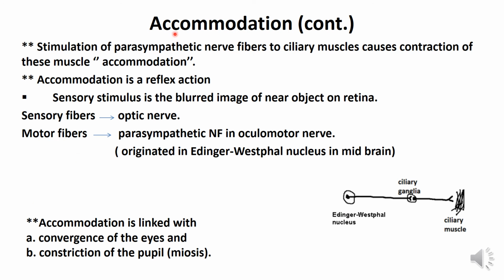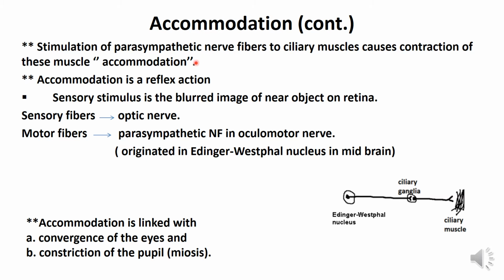Accommodation is an active process, and this process is accomplished through contraction of the ciliary muscle. Ciliary muscle contraction is done through stimulation of parasympathetic nerve fibers to the ciliary muscle. Accommodation, or contraction of the ciliary muscle, is done by reflex action.